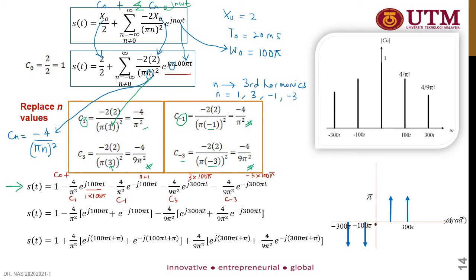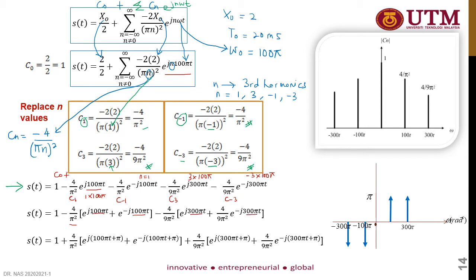Okay, next you can simplify this equation. So group the same coefficient values. So in this case, this is for omega 100 pi and omega 100 pi. So this is the coefficient. So this is for the next omega values.